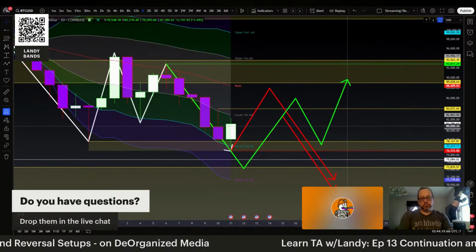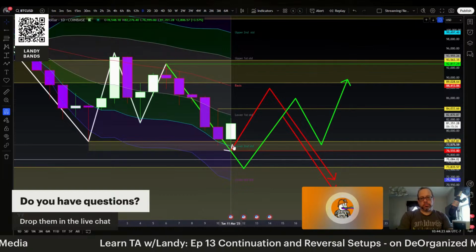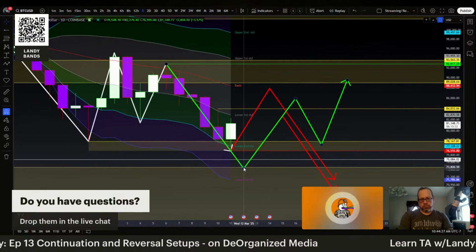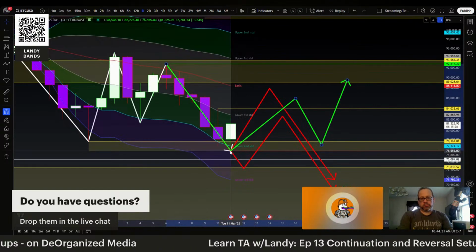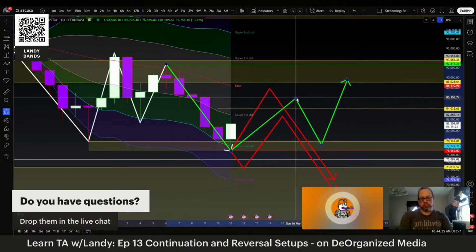Now, even within this structure right now, there's the possibility that this could hold, right? Like we could see this hold right here. And then we get another lower high to higher low structure, right?